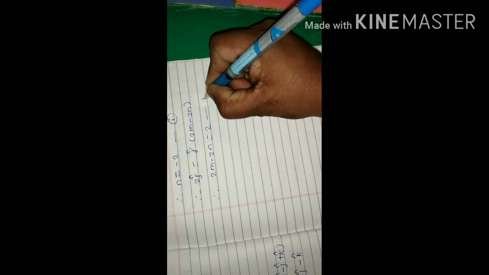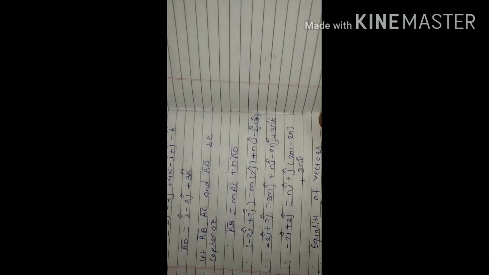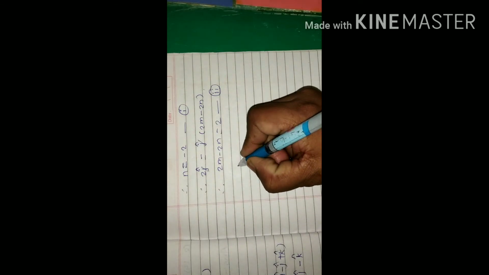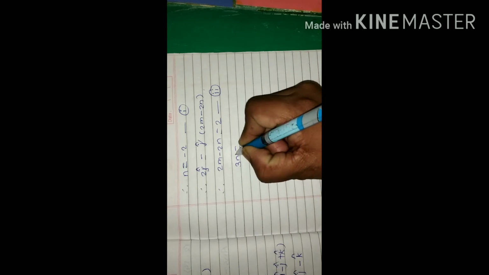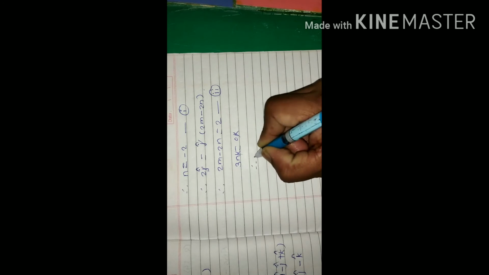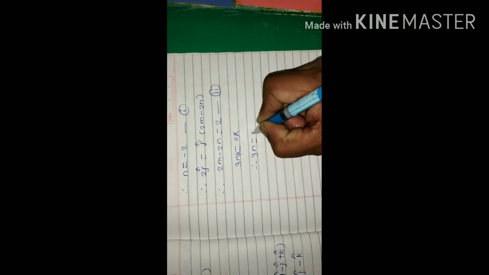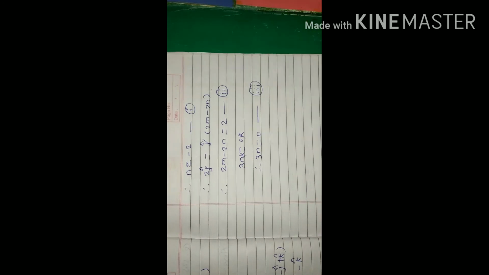We will give this equation number second. Then the third term, that is the k term, is not here, that is 0, and here 3n k. Then we write 3n k is equal to 0k, k gets cancelled and we get 3n is equal to 0. We will give this equation number third here.